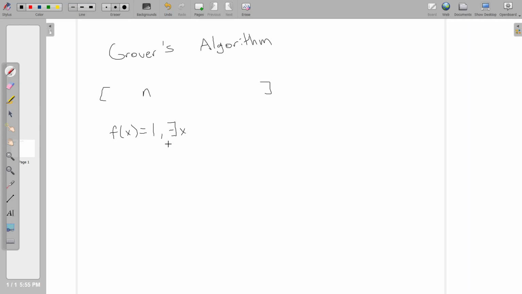You can think of it as a list or as a function, but basically, there's some query that you can find the answer to, but you don't know what it is.